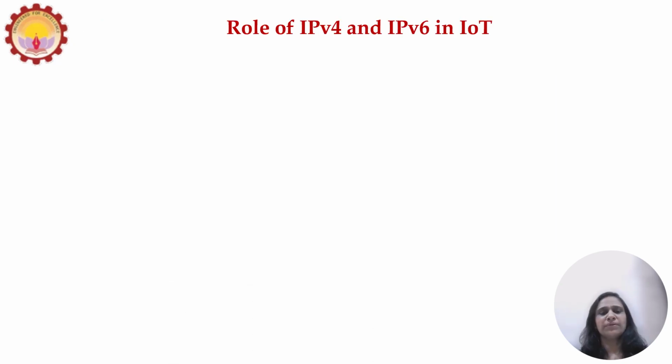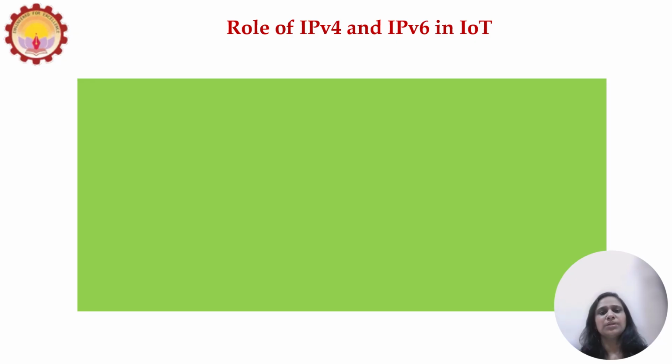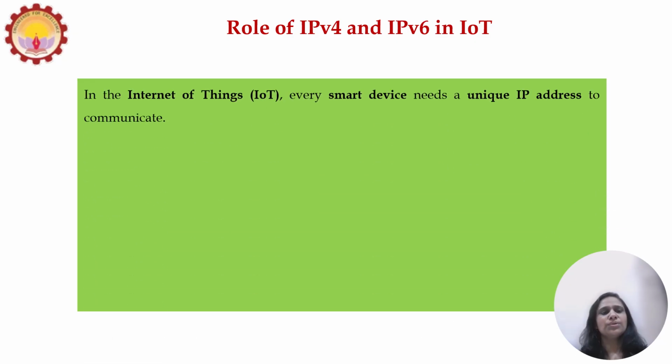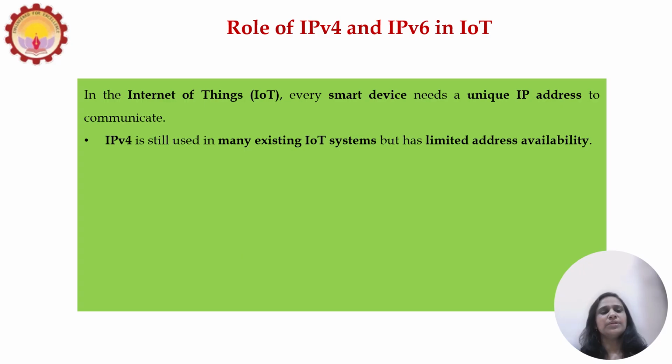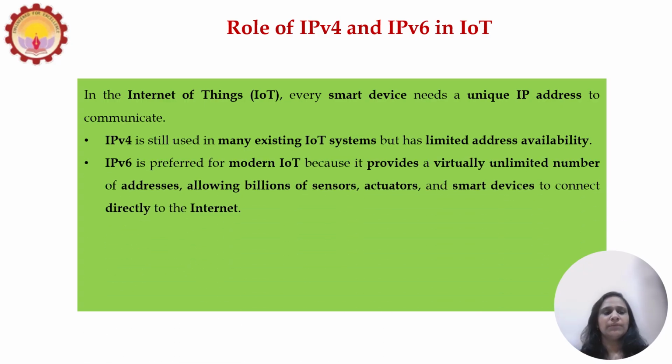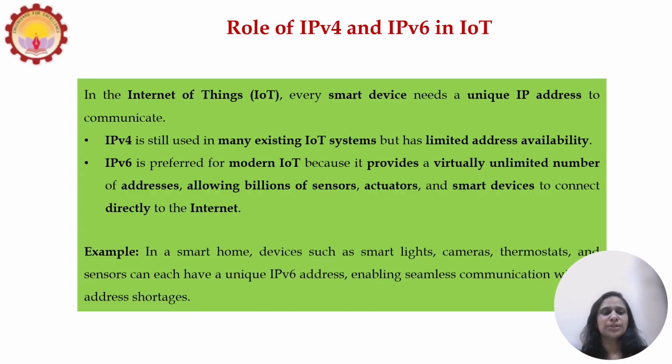Then the role of IPv4 and IPv6 in IoT. In the Internet of Things, every smart device needs a unique IP address to communicate. So IPv4 is still used in many existing IoT systems but has limited address availability, whereas IPv6 is preferred for modern IoT because it provides a virtually unlimited number of addresses, allowing billions of sensors, actuators and smart devices to connect directly to the internet.